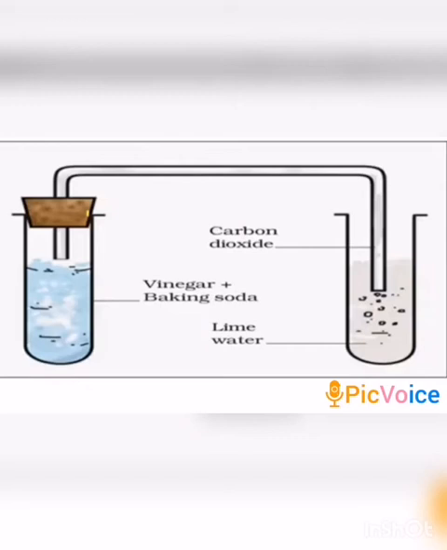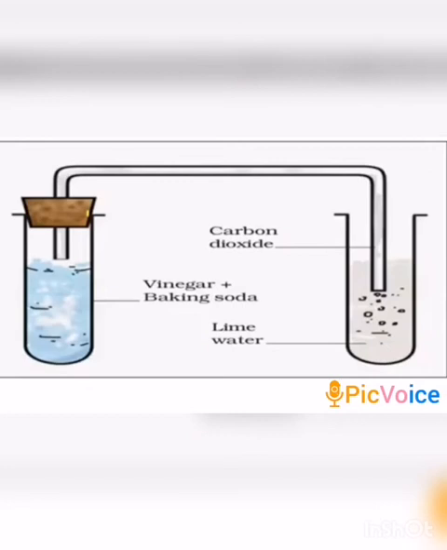We mix vinegar with baking soda. Then there will be a hissing sound and you may see bubbles of a gas coming out. Then we pass this gas through freshly prepared lime water as shown in the figure. What's lime water, children? Calcium hydroxide.